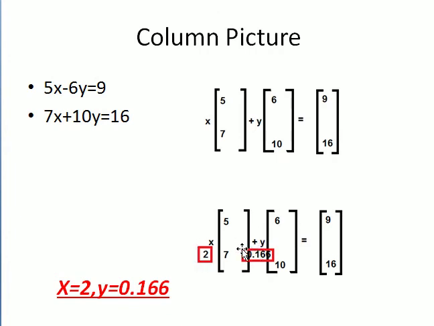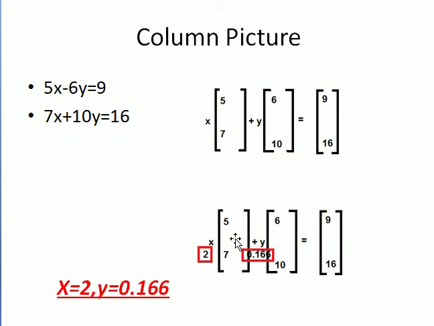If you substitute, 5 twos are 10 plus 0.166 into 6, which gives you 9, and similarly 7 twos are 14 plus 0.166 into 10, which gives you 16. So this is very easy, since we already know the solution from the row picture and we have substituted. Now I guess everyone out there can visualize what is meant by column picture.